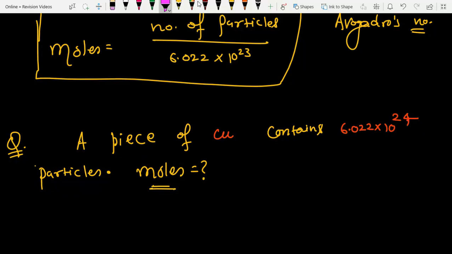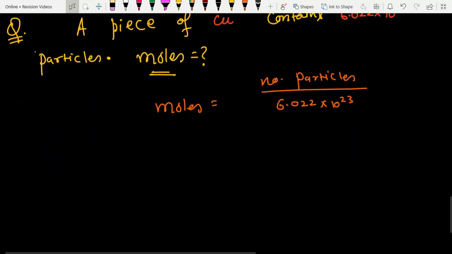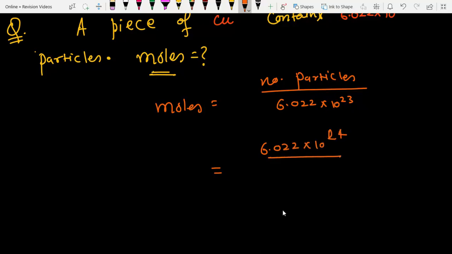So to calculate the number of moles based on the number of particles, moles will be equal to the number of particles upon Avogadro number, which is 6.022 into 10 to the power 23. The number of particles is given to be 6.022 into 10 to the power 24 in the question itself.